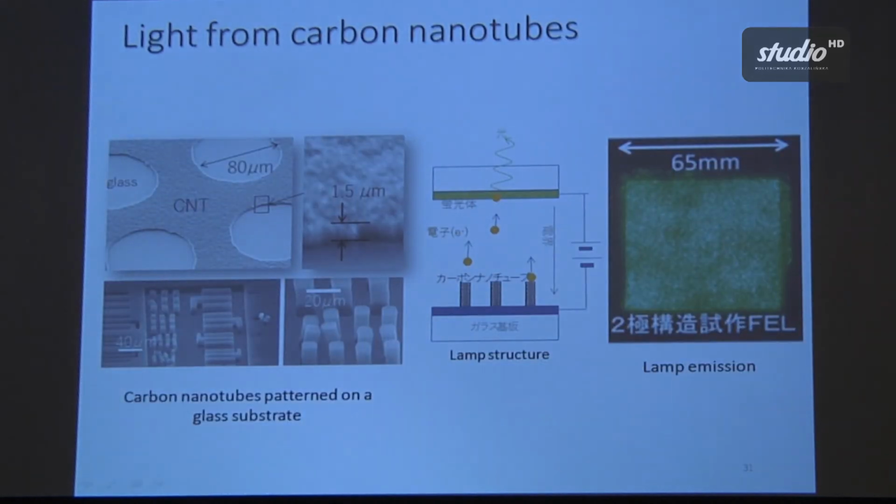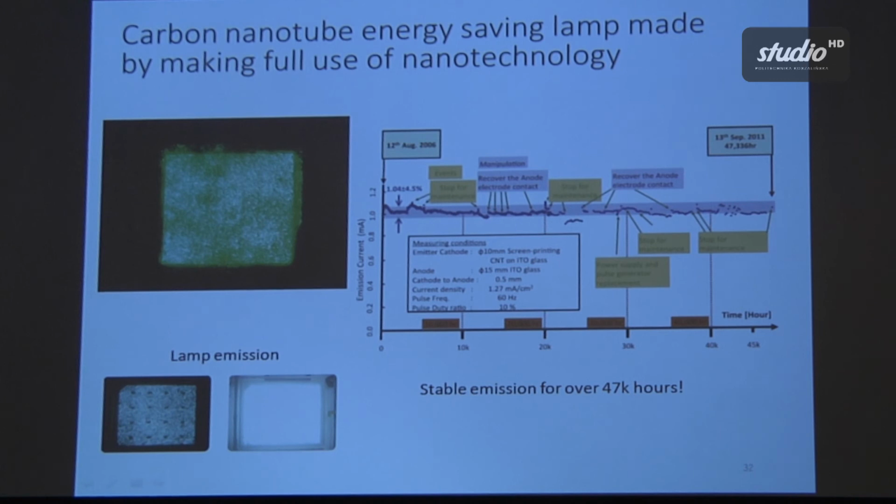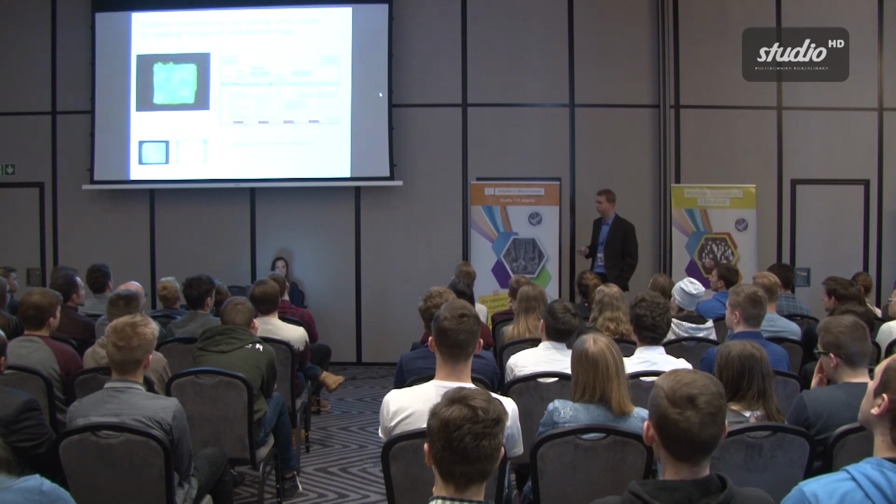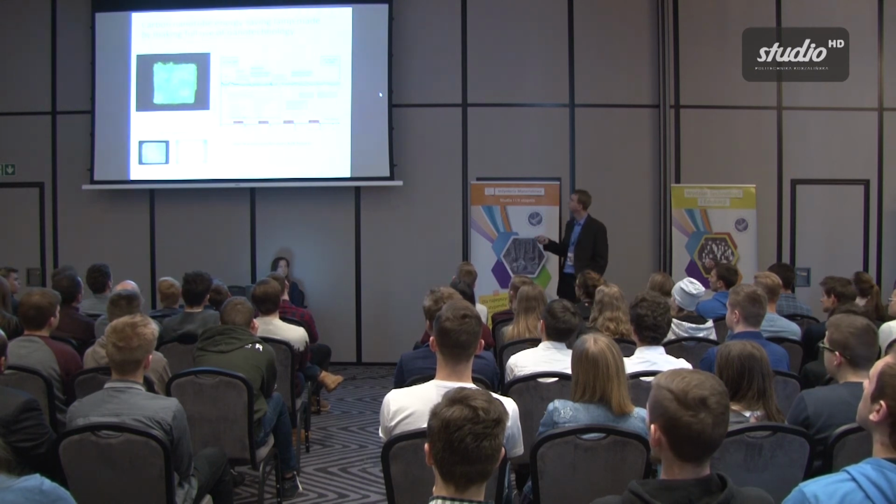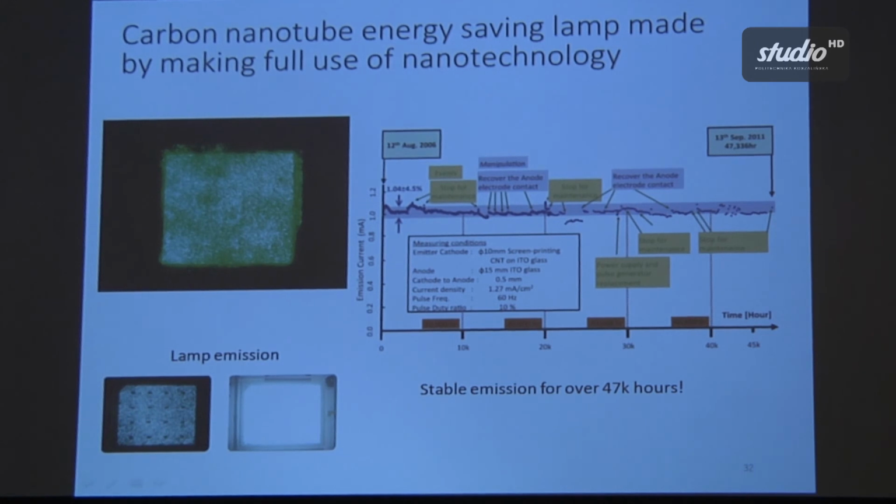And I will lie a bit more, because the carbon nanotubes also can glow like this or this way. This is also from my lab. So basically, by applying additional modification of the structure of such a carbon-nanotube forest, we can make green light emitters of different intensity. As you can see, a bit lower intensity, a bit more bright.